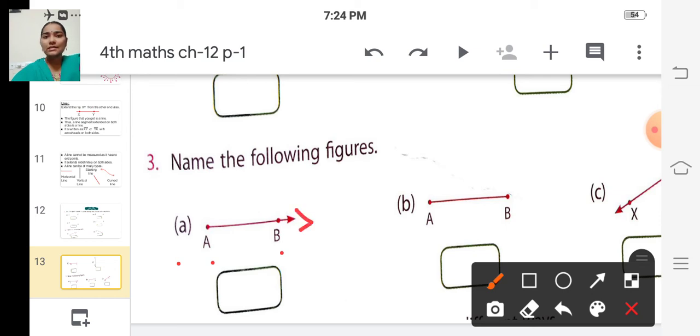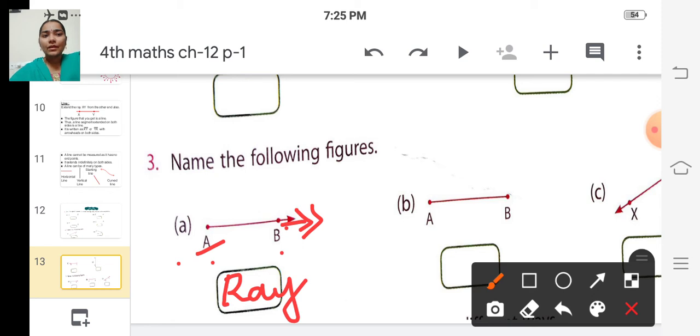What is this: a line, a line segment or a ray? It is a ray, isn't it? Because it has one endpoint and it has been extended from one end. So you have to write it as ray.